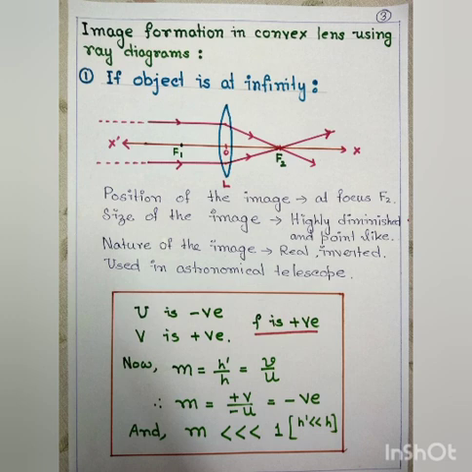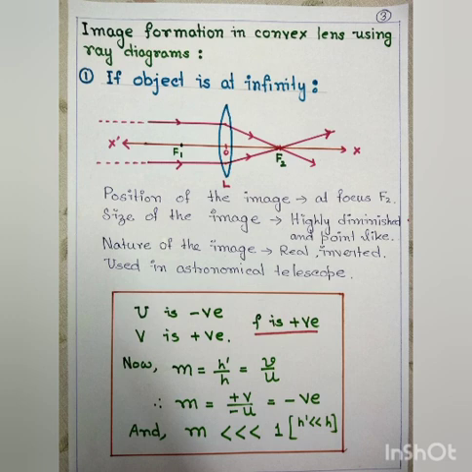Now students, if any object is at infinity, the rays coming from the object are parallel. Now these parallel rays coming from the object may be parallel to the principal axis or may not be. But here we will consider the rays coming from the object to be also parallel to the principal axis.